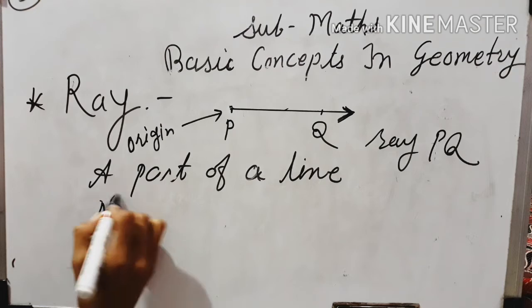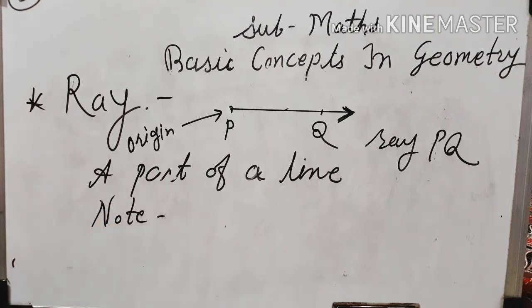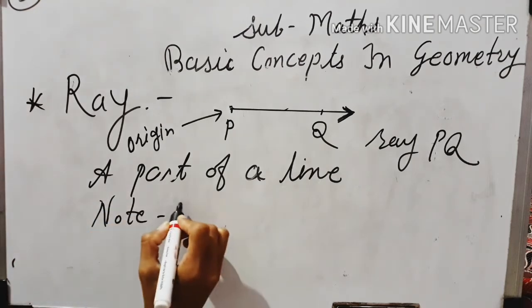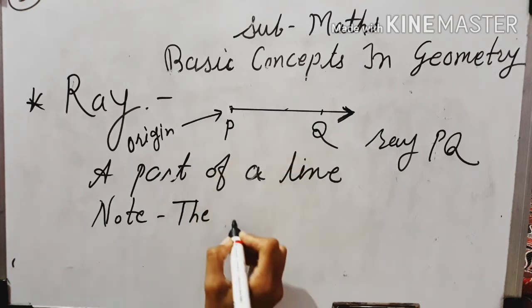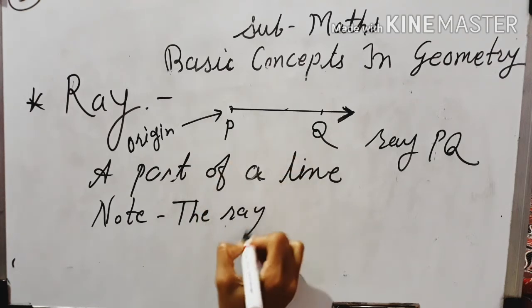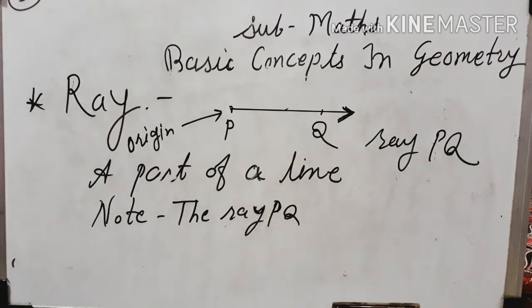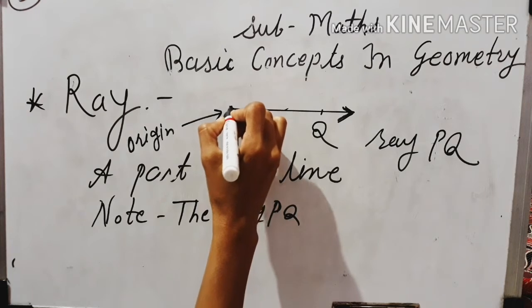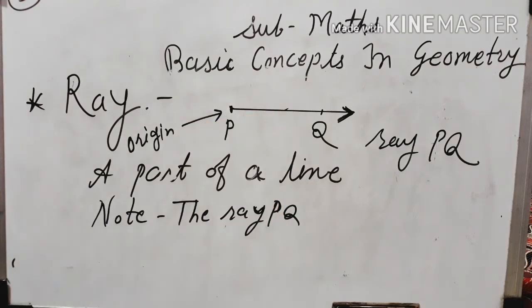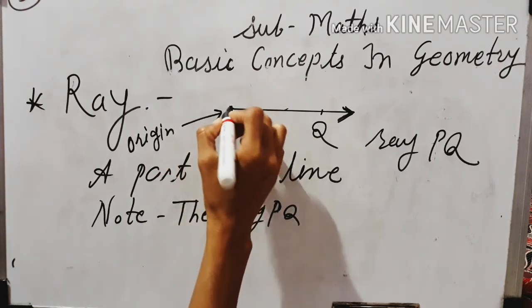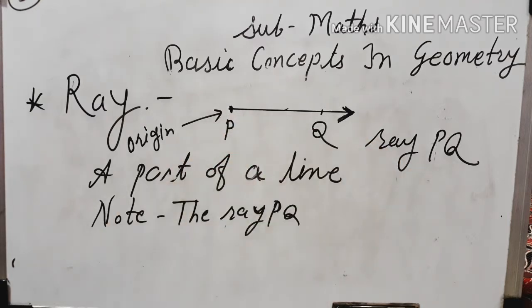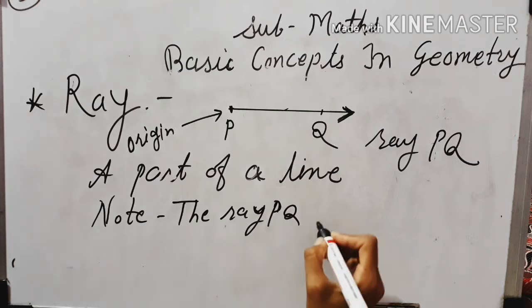Here, students, you have to note down one point. The ray PQ we cannot read as ray QP, because a ray has its origin point, and from that point onwards only we can read the name of the ray.